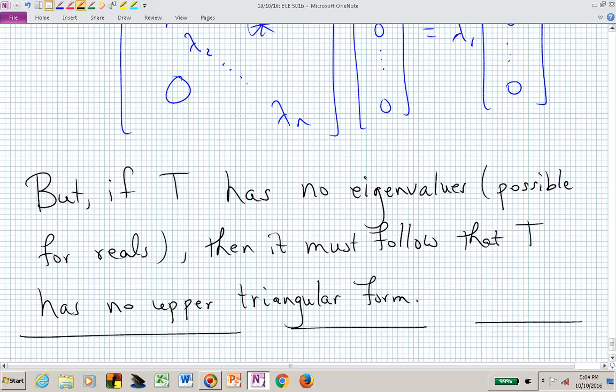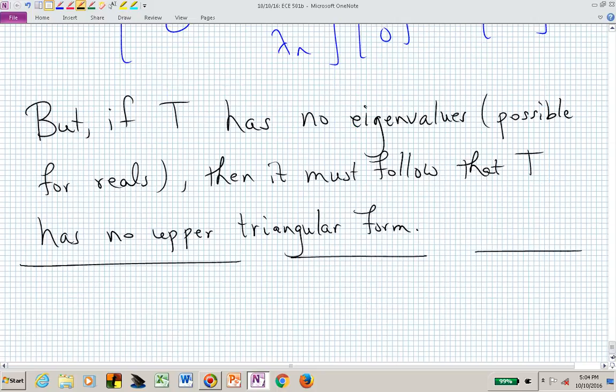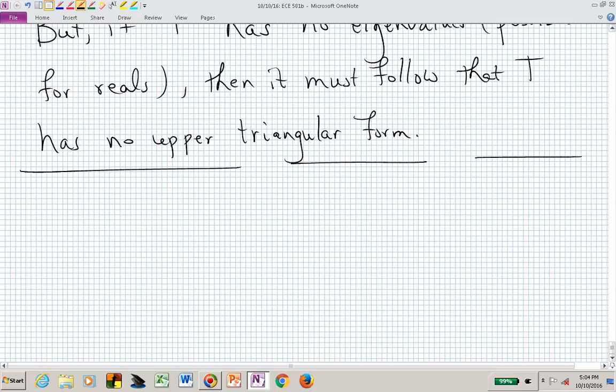If you're restricting then to a real vector space, we can't necessarily upper triangularize our matrix representation. We can't find basis vectors to do that.